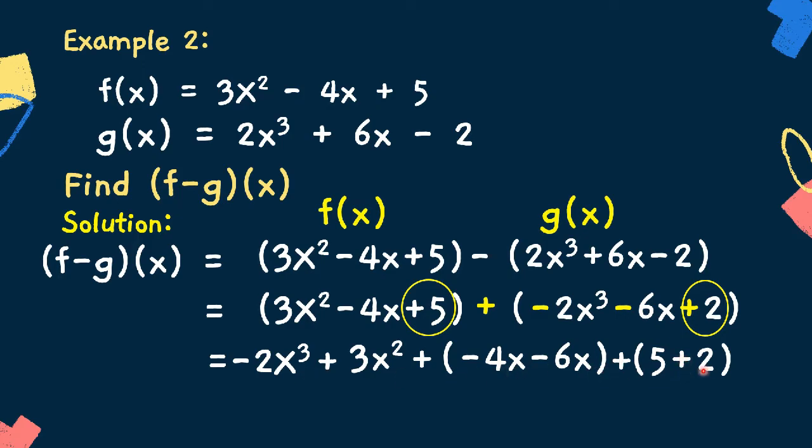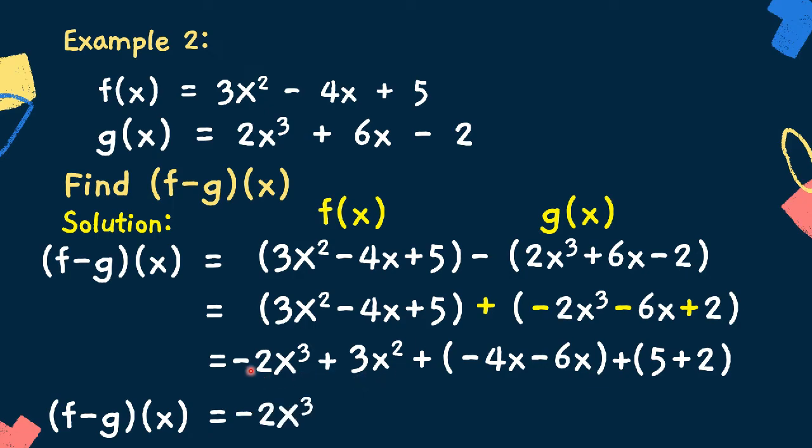So after writing down all terms and putting them together with the like terms, we simplify them all. So we simply copy the terms, which are negative 2x cubed, since there is nothing to be simplified with it, plus 3x squared.